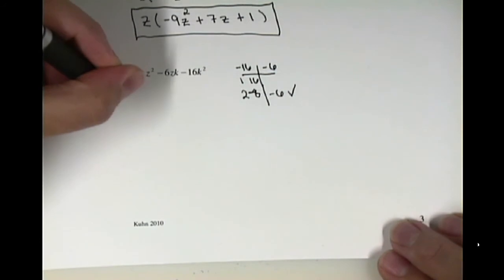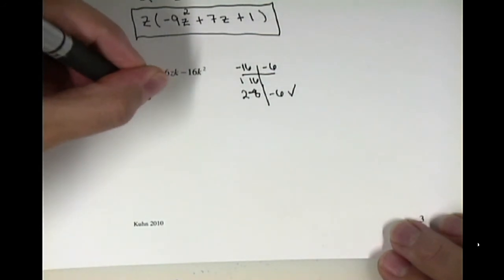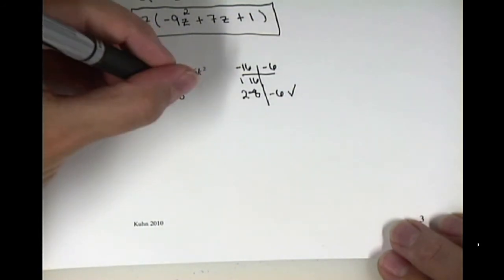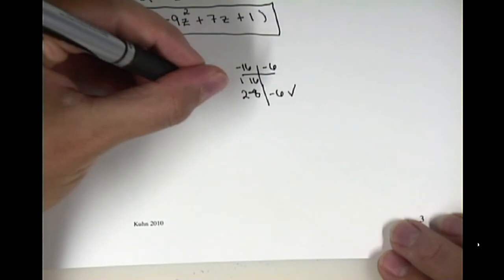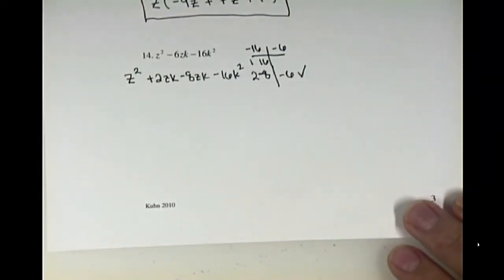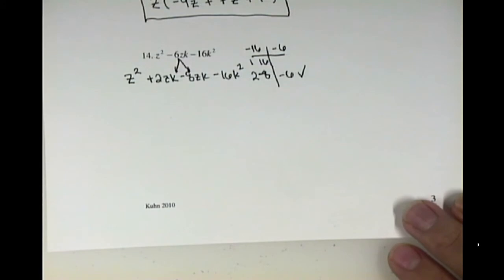I'm going to rewrite the expression using those two factors, replacing the middle term with the two factors. This is called factoring by grouping, and it is a common method of factoring taught in intermediate algebra. Once you've replaced the middle term with your two factors, make sure that if you combine like terms you would get what you had originally.